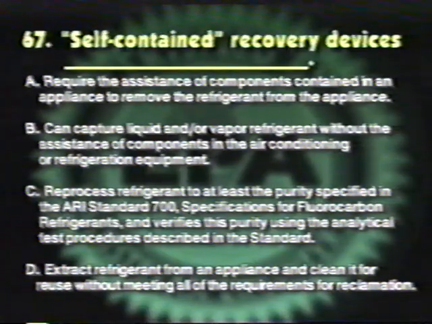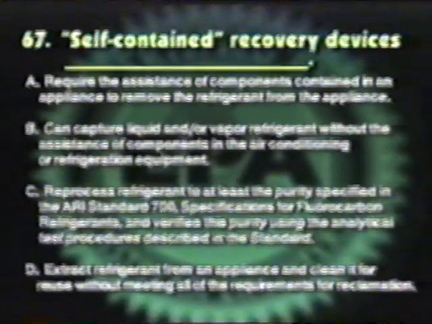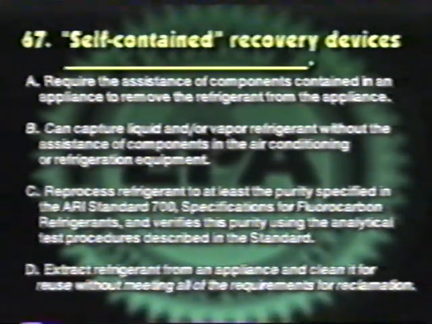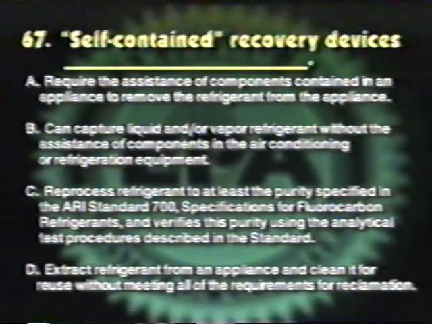C. Reprocess refrigerant to at least the purity specified in the ARI Standard 700 specifications for fluorocarbon refrigerants and verifies this purity using the analytical test procedures described in the standard. D. Extract refrigerant from an appliance and clean it for reuse without meeting all of the requirements for reclamation.